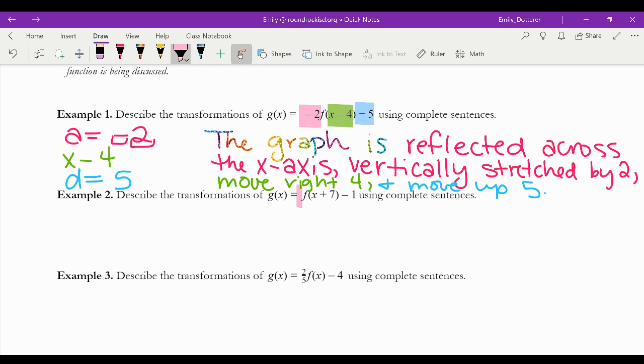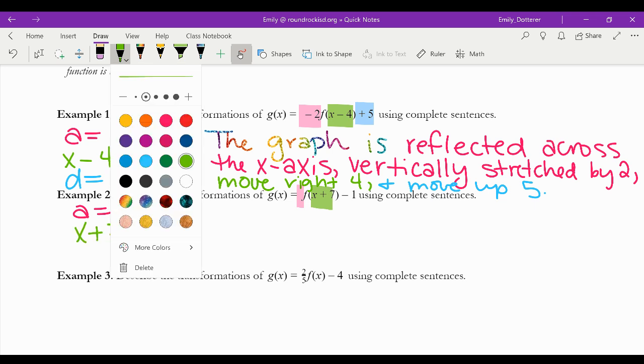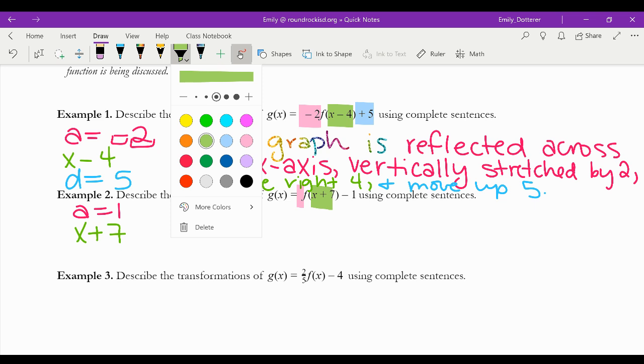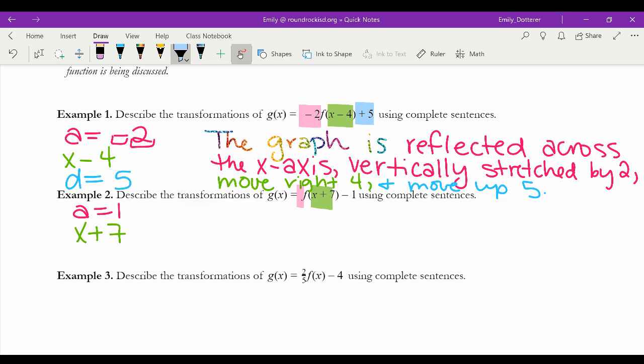For number 2, we don't have anything out front, which means our A value is 1, and there's not going to be any stretches or compressions. Since it's a positive 1, there's not going to be a reflection either. We do have something happening over here with the C value. We have x plus 7 in there, and the D value is negative 1.